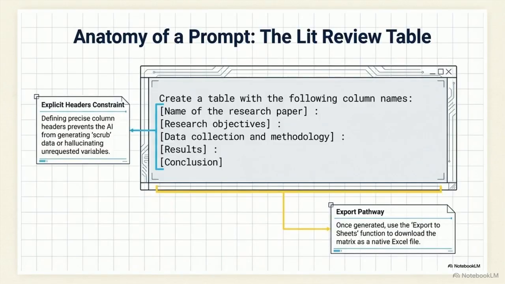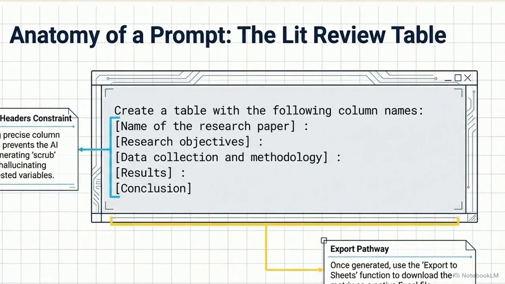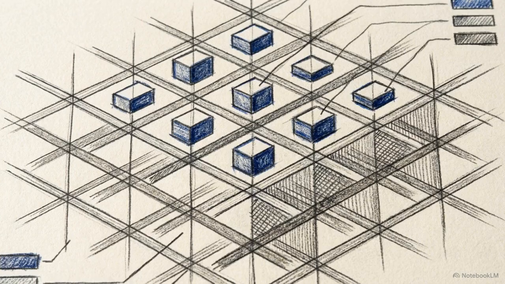This visual details the explicit prompt architecture required at this node to prevent the AI from generating unrequested or irrelevant variables. By defining precise column headers and brackets, requiring exact variables for objectives, methodology, and results, the researcher forces the engine to strict compliance. This output is exported natively as a structured Excel matrix, completing the internal processing phase.